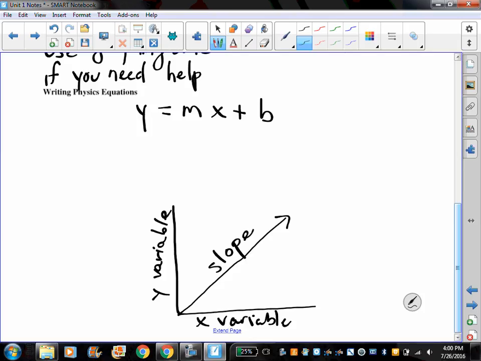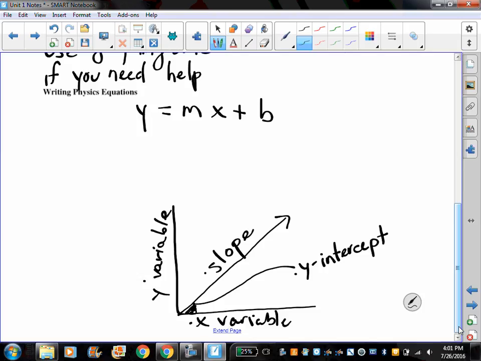You'll have nothing to put in for m. And you need to have your y-intercept. So you see we got the y, the m, the x, and the b. Those are the 4 pieces of information that you're going to have to draw off of all of the graphs that you create.